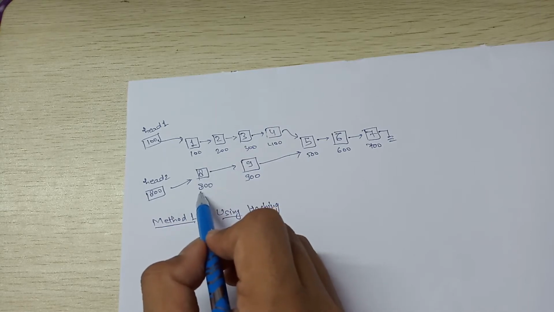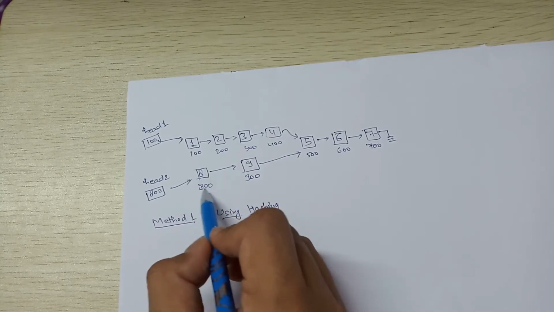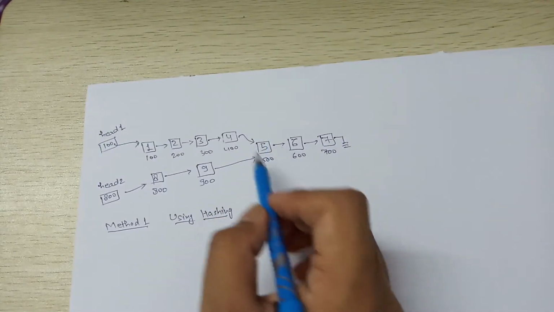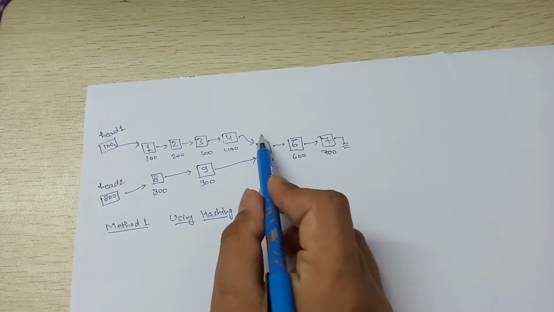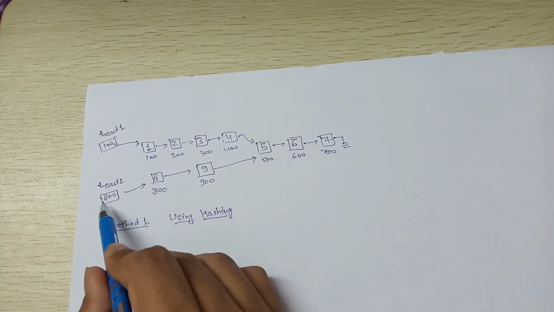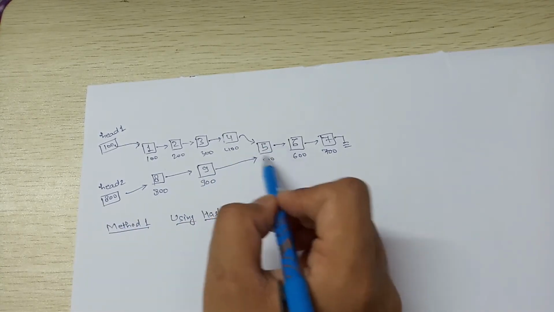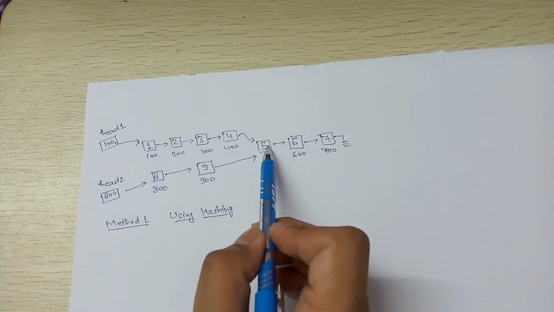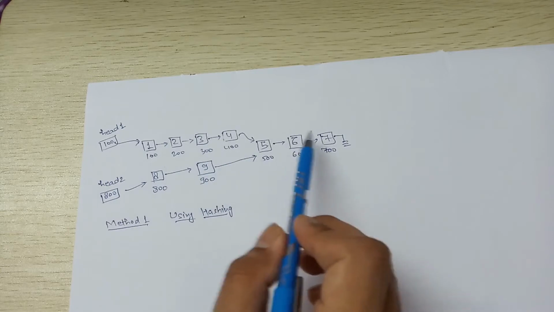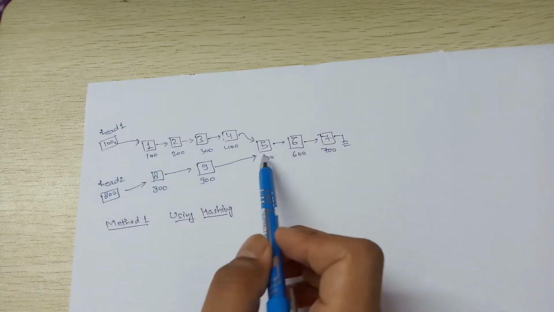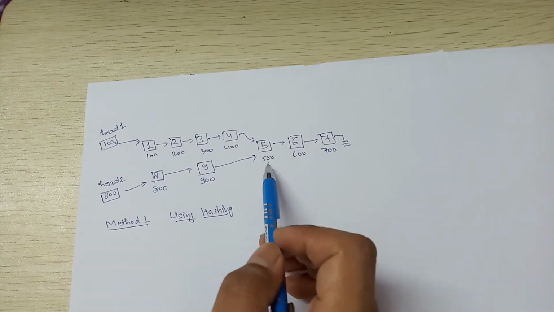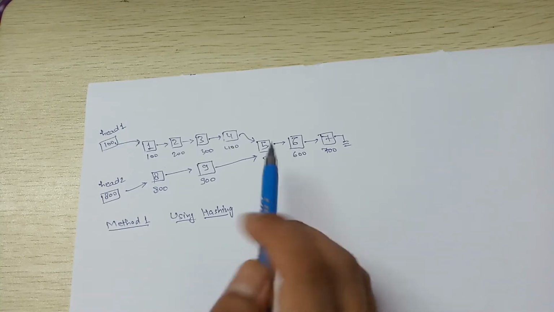When we traverse from head 2 and check in the hash map, because we already traversed this node through head 1, we say that we already traversed this node. So this is the intersection point.